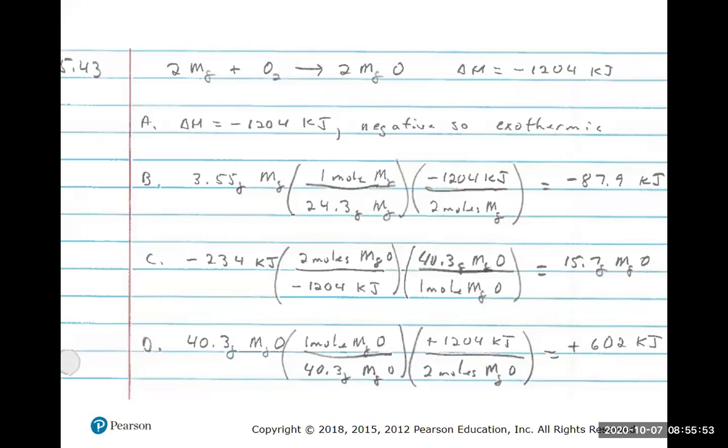And that's because the reaction now we're talking about is that decomposition reaction. And we said before that delta H, whatever sign it is going one way, if you go back the other way, the magnitude stays the same. So in other words, the number stays the same, but the sign changes. So that's why on that one, the sign is positive. And you see our answer is actually plus, what is that, 602 kilojoules.